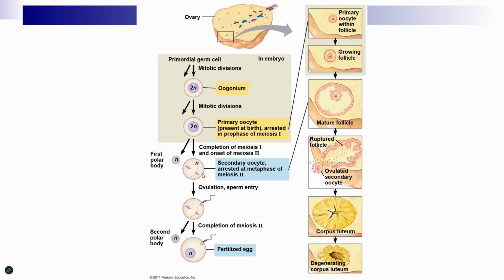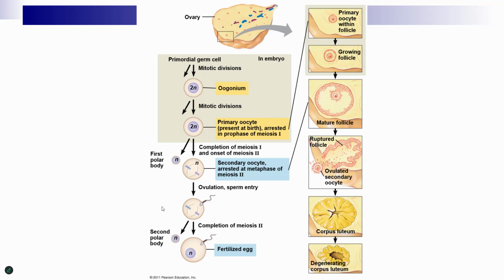The egg is much bigger than the first polar body, but the DNA splits, the homologous chromosomes divide. And then if a sperm fertilizes the egg, then it will continue through meiosis. It will do the second meiotic cell division.